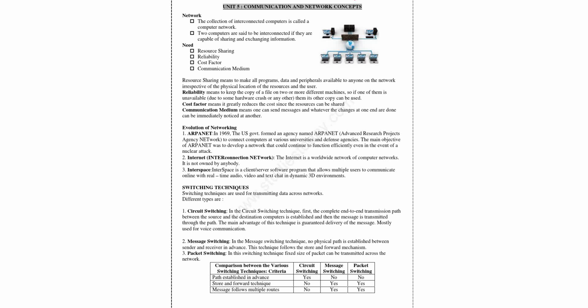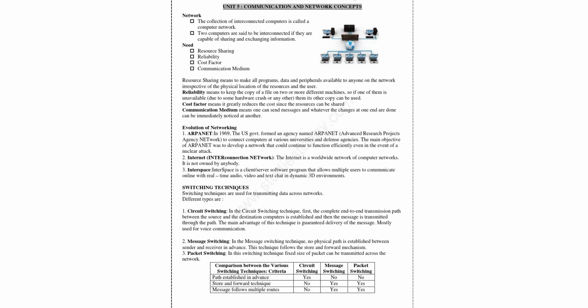Next is the communication medium. Using a network, it is possible for managers working far apart to prepare the financial report of the company. The changes at one end can be immediately noticed at the other end. Hence, it speeds up cooperation.